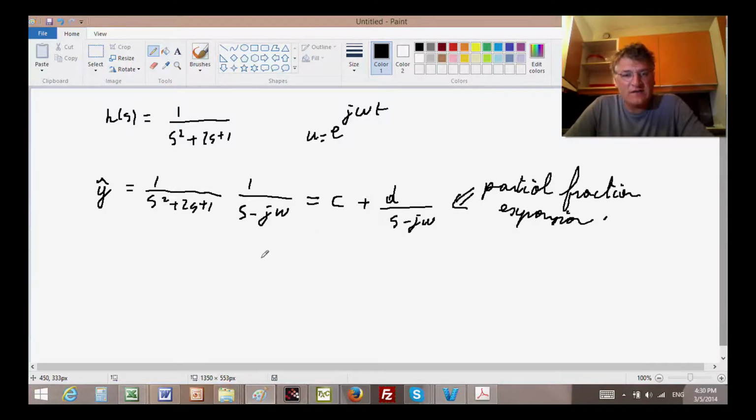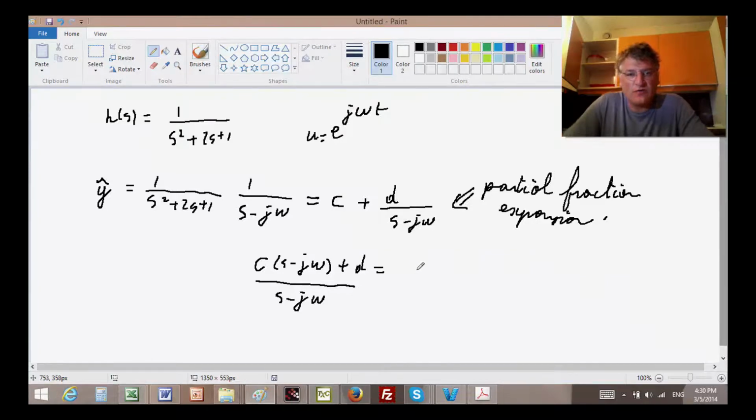So what I write is that c times s minus j omega plus d must be equal, in this case, to 1 over s squared plus 2s plus 1 times 1 over s minus j omega. And so what I do is I just unfold this thing automatically, like you have learned how to do now many times. If you haven't, it's time to do so.